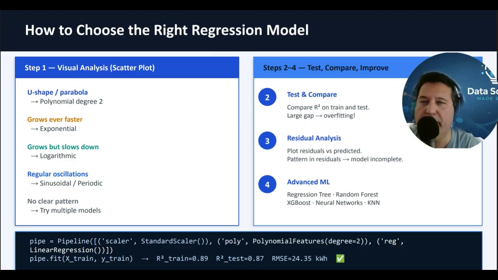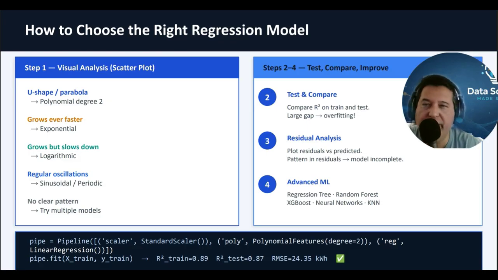Second, test and compare. Always evaluate the error gap between training and test data to avoid overfitting. Third, residual analysis. Plot the residuals against predicted values to ensure no patterns were missed by the model.